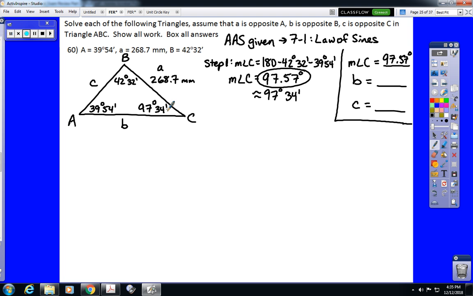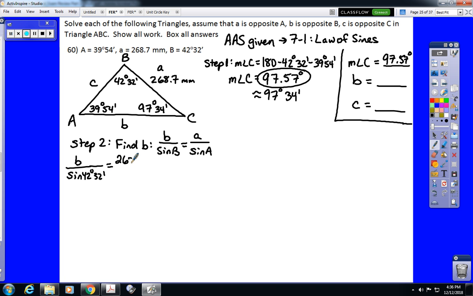Okay, so then we need to use the law of sines. So let's say step 2. We're going to find the measure of little b by saying b is to the sine of angle B as little a is to the sine of angle A. That is little b over the sine of 42 degrees 32 minutes equals 268.7 divided by the sine of 39 degrees 54 minutes.